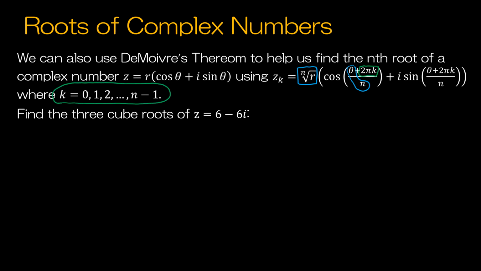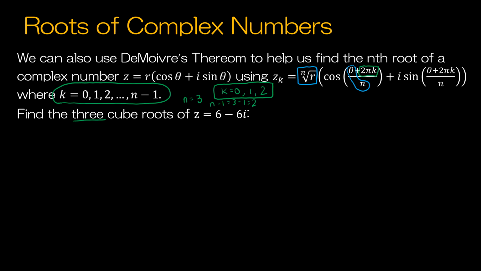What that means is if I'm finding, say, 3 cube roots, well, that means n is 3. So when I'm doing this question together with you, I'm going to let k equal 0, k equal 1, and because n minus 1 is 3 minus 1, which is 2, then 2 is my last value that I'm going to use.